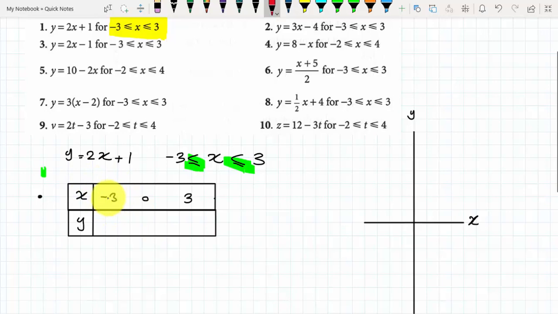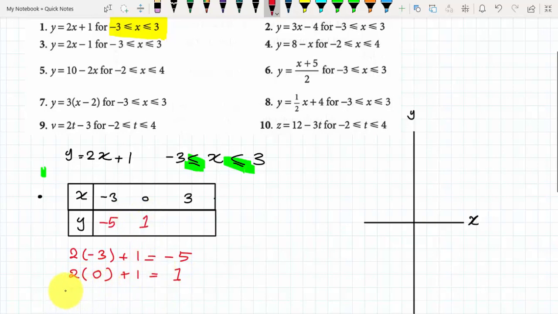Firstly, if we substitute -3 in place of x, we will have 2 times -3 plus 1. 2 times -3 is -6, plus 1, it will be -5. So the y of -3 is -5. If we put 0 in place of x, we will get 2 times 0 plus 1. 2 times 0 is 0 plus 1, it will be 1.